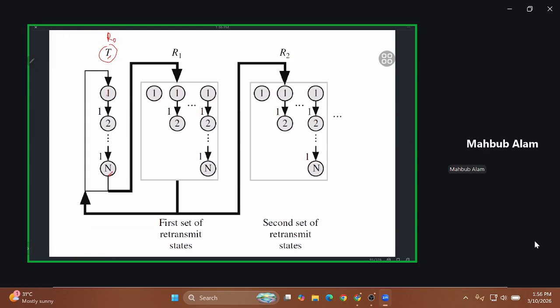When you transmit N packets, in response to this transmission, the receiver will send you acknowledgements, and the acknowledgement will indicate where to go back. The go back N, this N and this N are colliding. So let's say the go back N protocol has a number K.